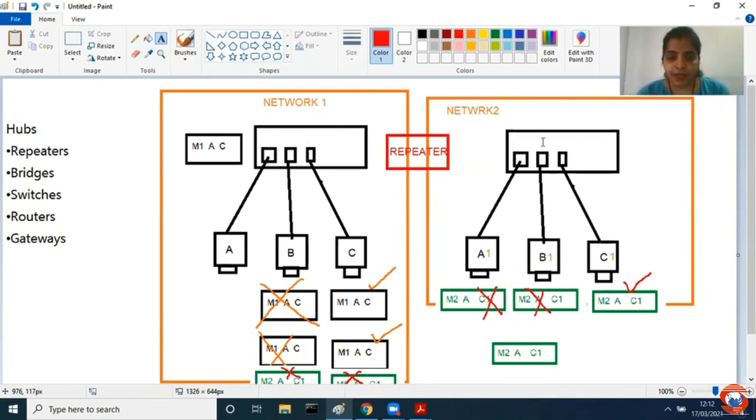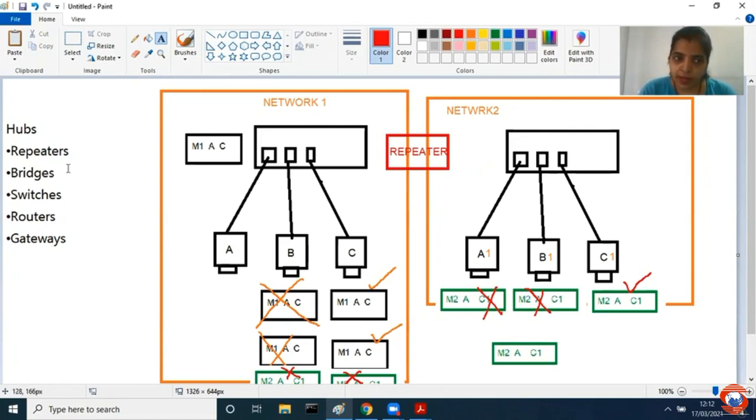Yes. जब मेरा लिमिटेड रेंज 100 मीटर्स का है तो मैं सपोज हब यूज करती हूँ. 100 मीटर से अगर बाहर मुझे नेटवर्क में जाना है तो I need one more device which will transmit my data from one machine to another machine, from source to destination, which may belong to another network, and that is basically called a repeater device. So repeater is also used for regenerating the signal.